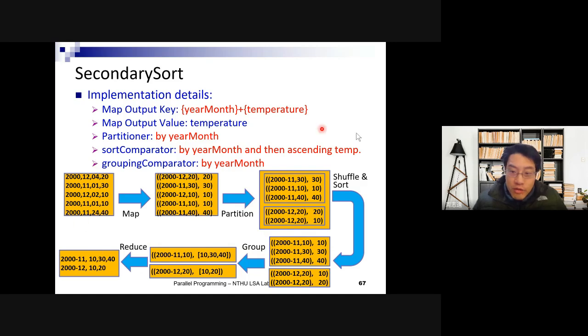So this is how we can implement the secondary sort efficiently on the Hadoop framework. In order to do that, you can see we have to override the partition function, the grouping function, and the sort function. Everything we mentioned before has to be overridden in order to realize this solution.